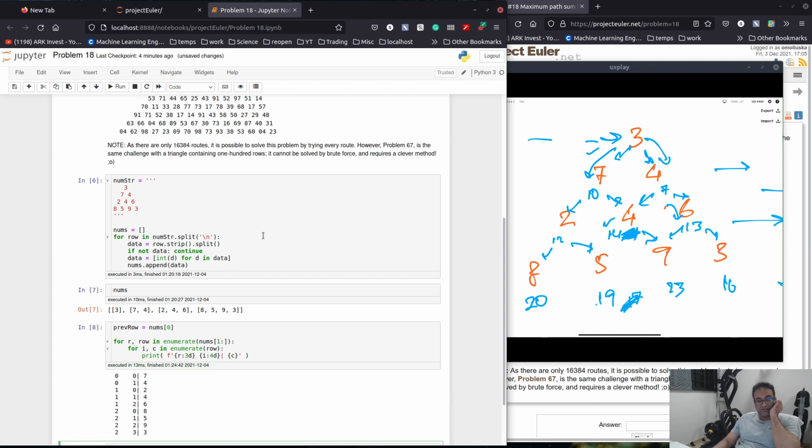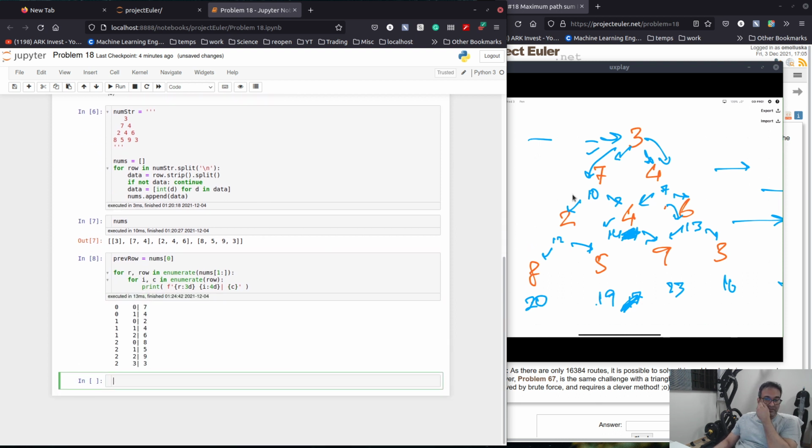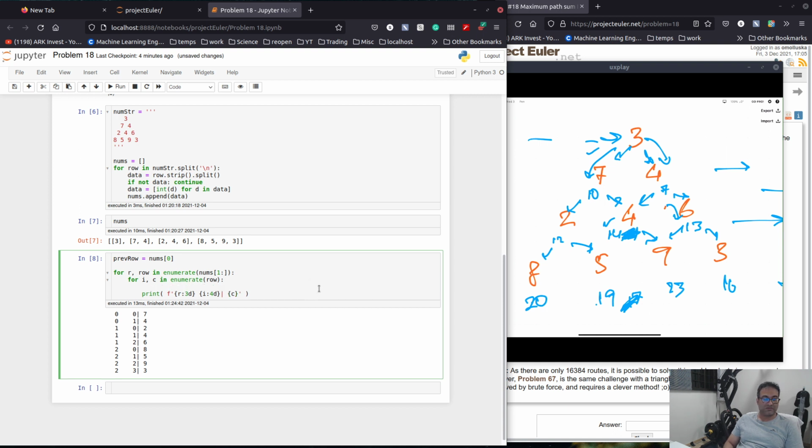So we have 7 and 4, and then for the next row we have 2, 4, 6, and then we want to associate it with the list of values.